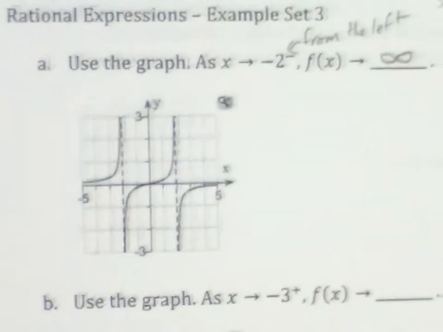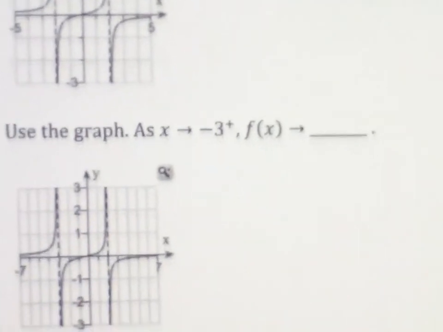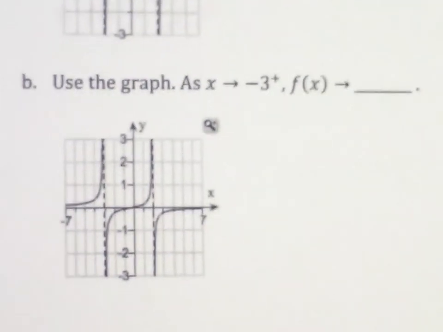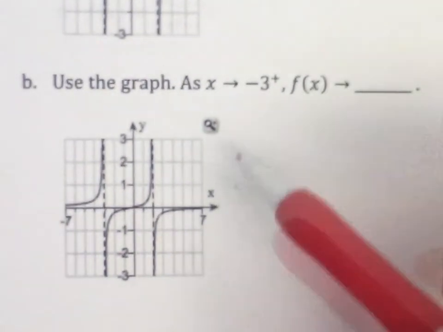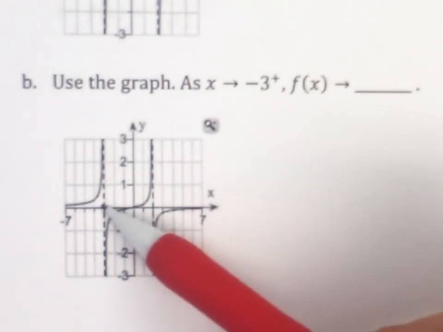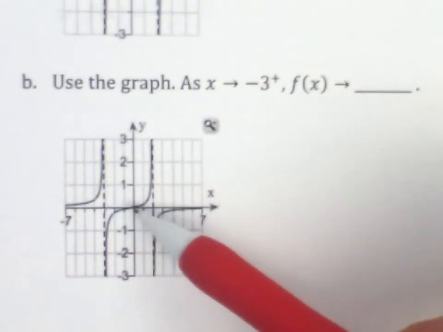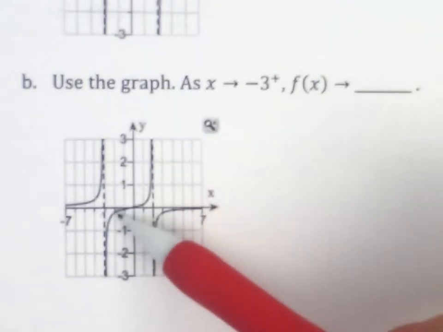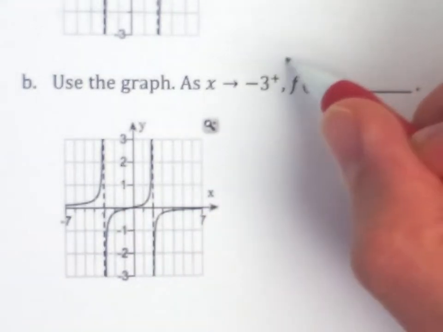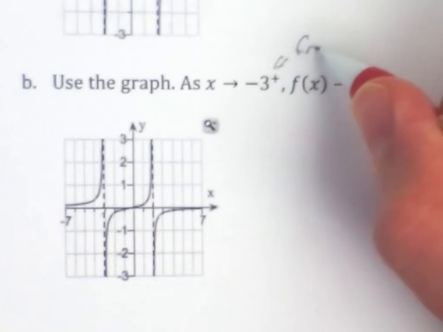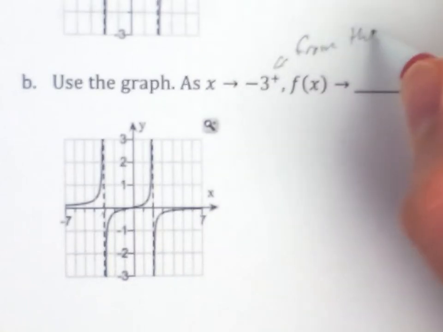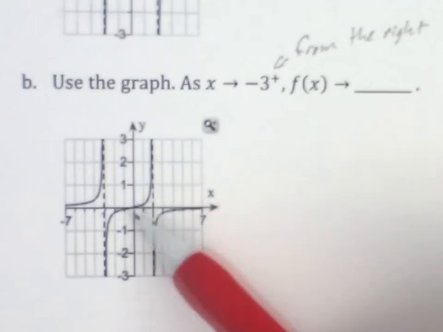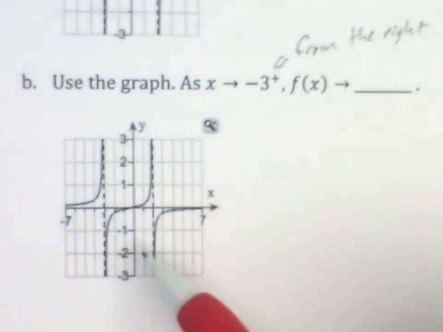The following example gives one much like it. Example B. We want to look at -3, which is this spot here. If we count out, you make 1, 2, -3. Again, it's an asymptote, but this one is the positive side, so that indicates that we want from the right. So from the right means we're walking along the function.